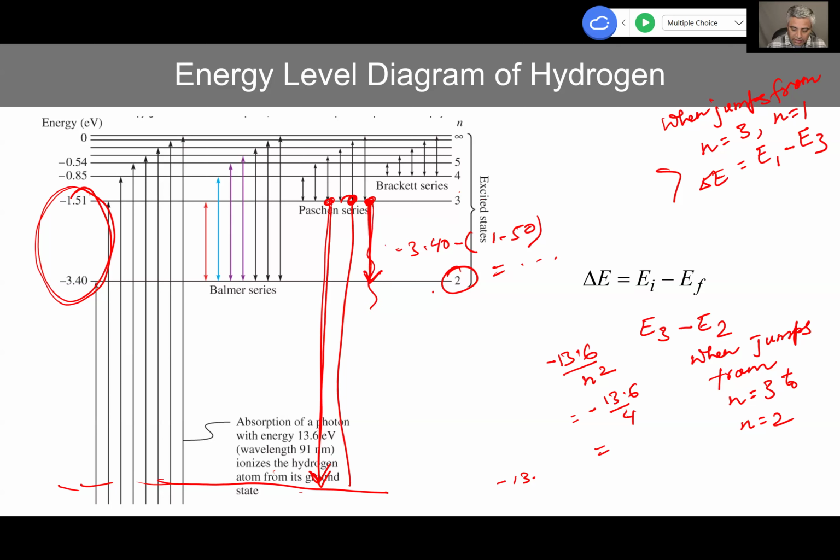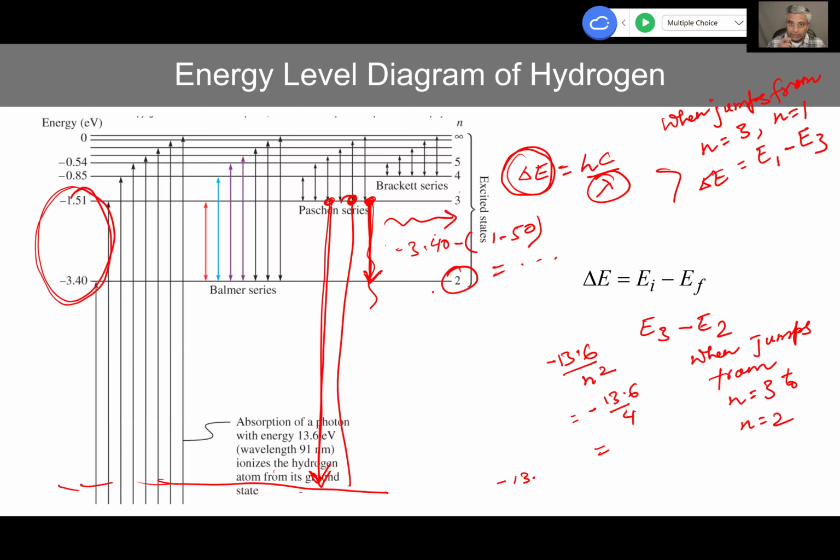Now, if you want to calculate what wavelength is coming out, you can use that as h times frequency f, and for wavelength, it is c over wavelength. So once you know this energy difference, you can calculate the wavelength for that jump. And once you know the wavelength, you know the color.